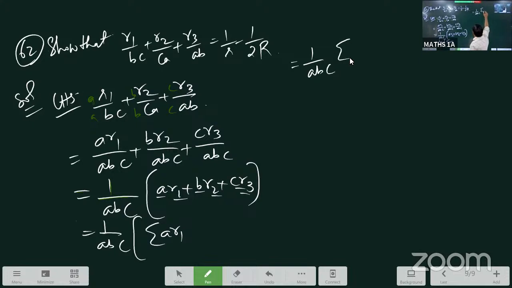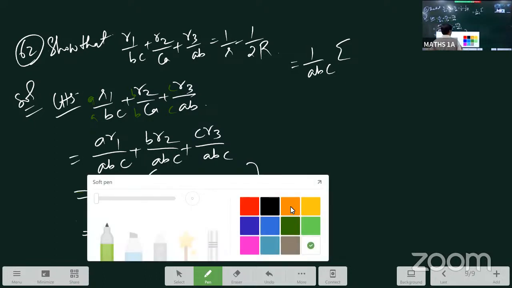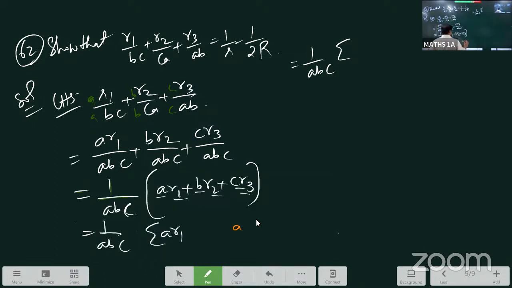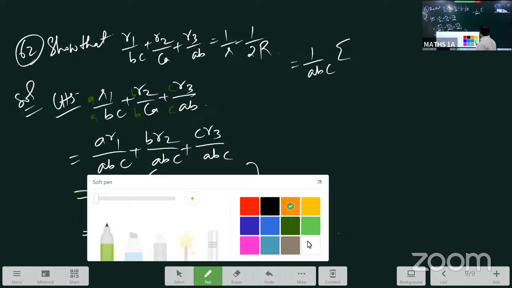Now summation, the first formula I am writing, always I write the formulas. First, A equal to 2R sin A. R1 equal to S tan A by 2. These are the two formulas which we are using now. Is it clear? Right.